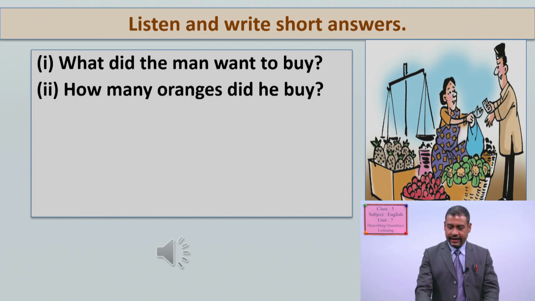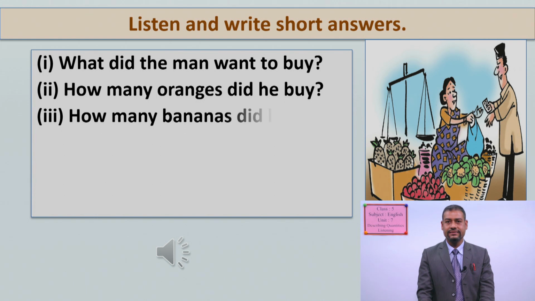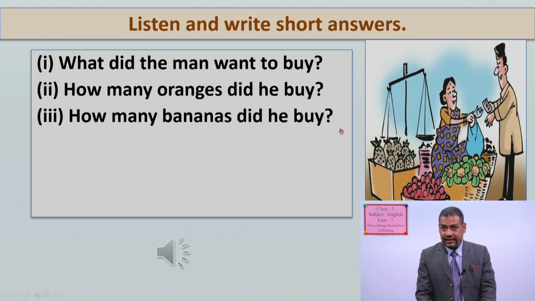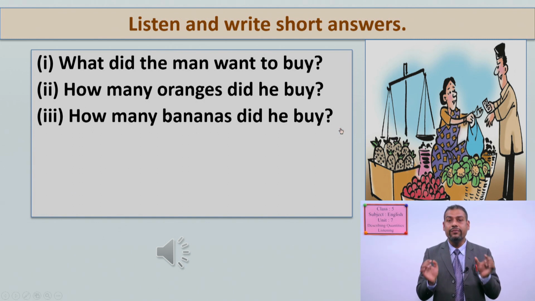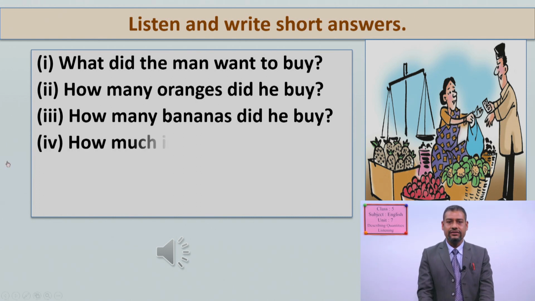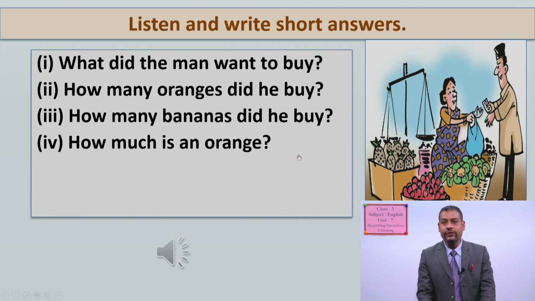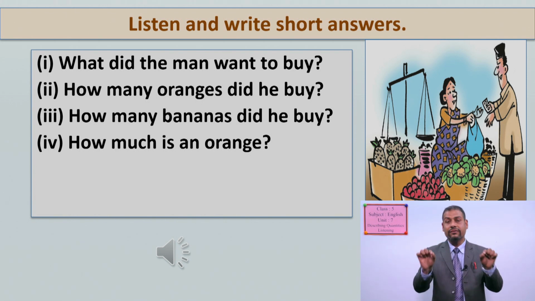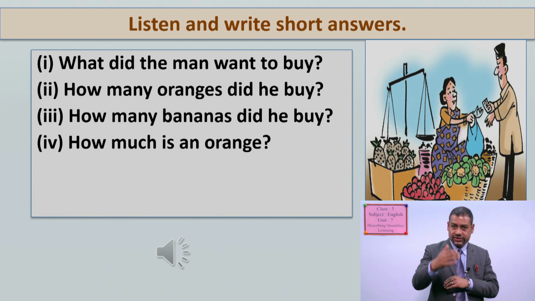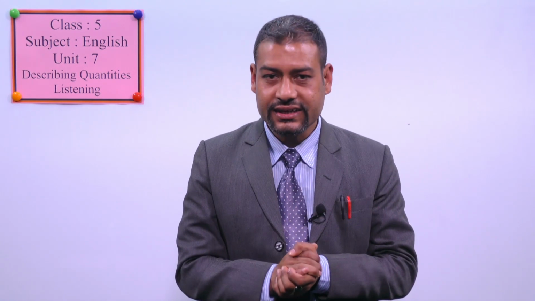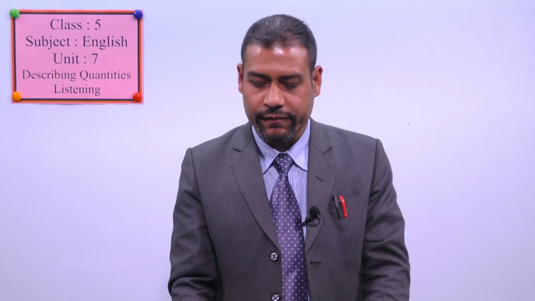Now again we have another question, please read with me: how many bananas did he buy? You have to find out the number of bananas that the man wants to buy. Another question we have is, how much is an orange? You have to find out the price. That is question number 4.